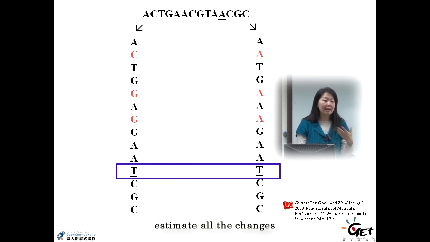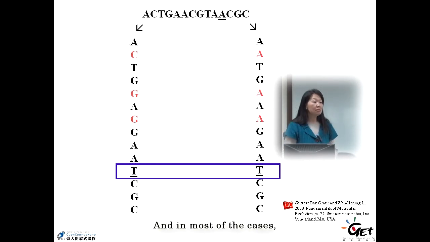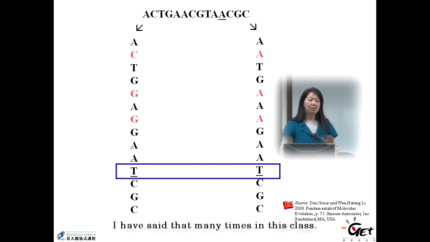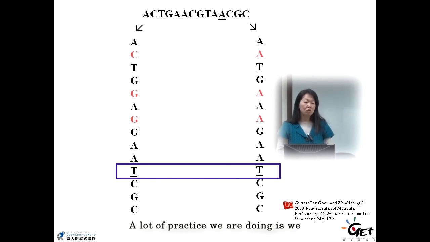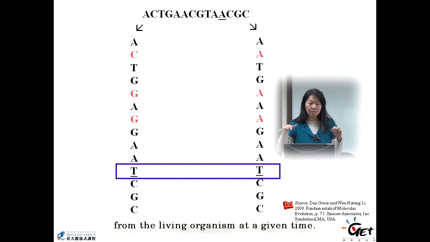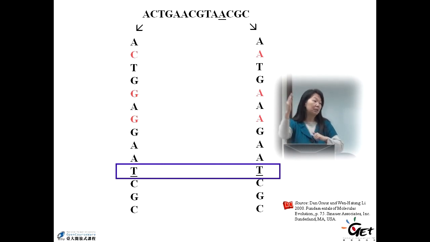That's what we want to say. We want to estimate all the changes during evolutionary time. In most cases we actually don't know the ancestral sequence, as I have said many times in this class. A lot of the practice we do is get sequences from living organisms at a given time, then estimate what happened in the past.